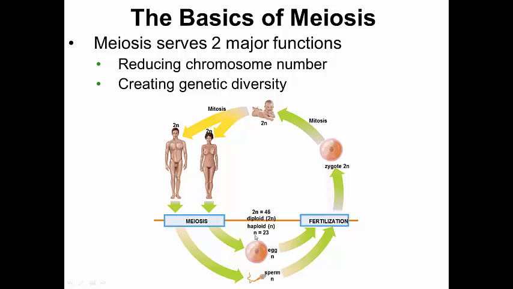And so in this case, n, the haploid number of chromosomes, equals 23. In the case of humans, and all other vertebrates and most other animals, the adult organism is diploid, or even the juvenile organism, but the organism itself is diploid, and the gametes are haploid. So the eggs and the sperm are haploid, and the organism itself is diploid.